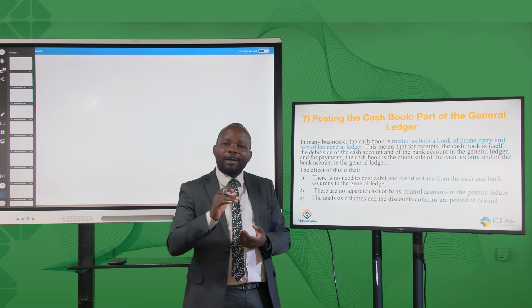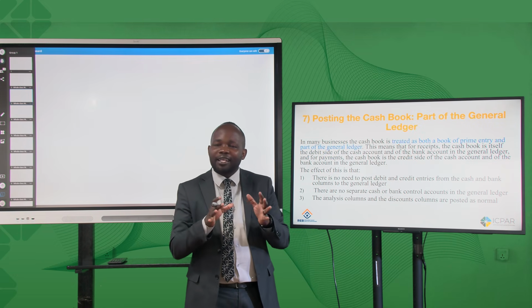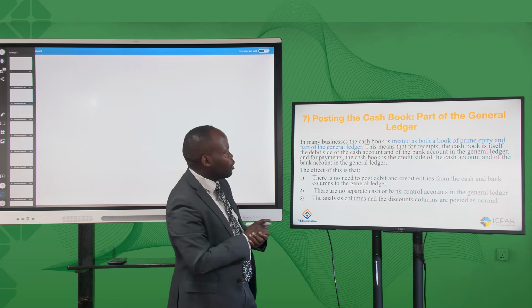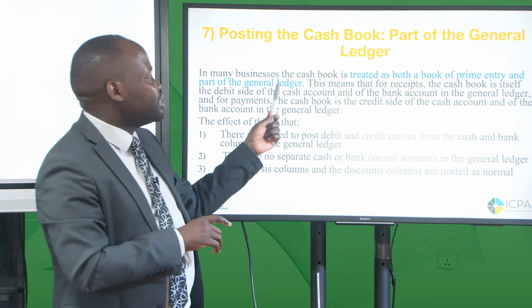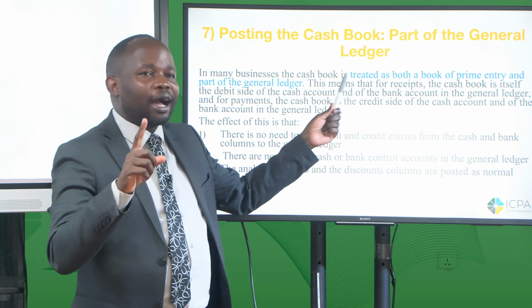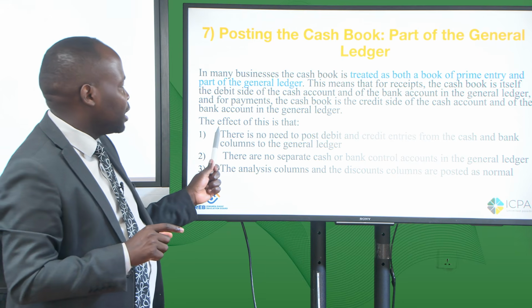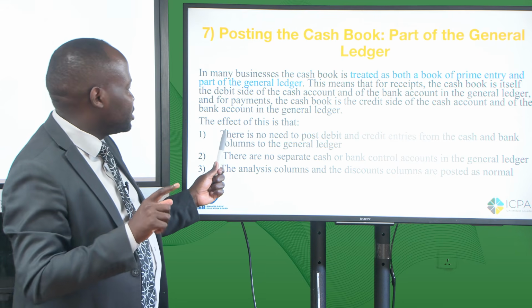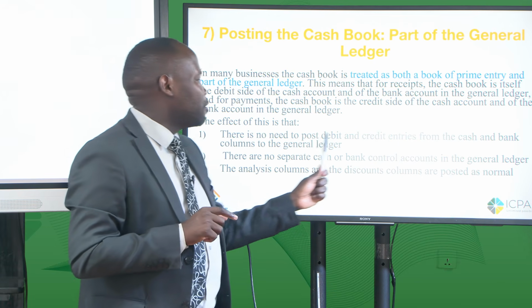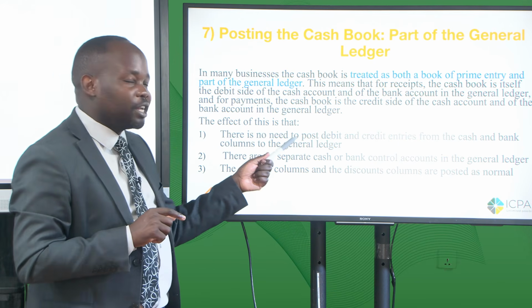The other way of accounting for a cash book is both as a book of prime entry and also as a general ledger. In many businesses, the cash book is treated as both. The effect of that treatment is this: number one, there is no need to post the debit and credit entries from the cash and bank columns to the general ledger.